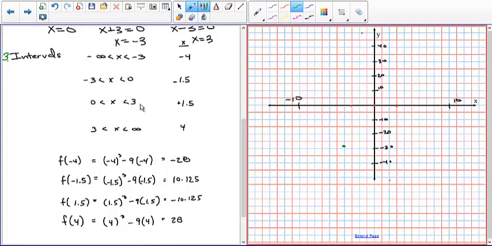Then negative 1.5, which should be about right there, a little over 10, so that's right there. Then we've got positive 1.5, negative 10-ish. And then at 4, 1, 2, 3, 4, positive 28, which is right here.